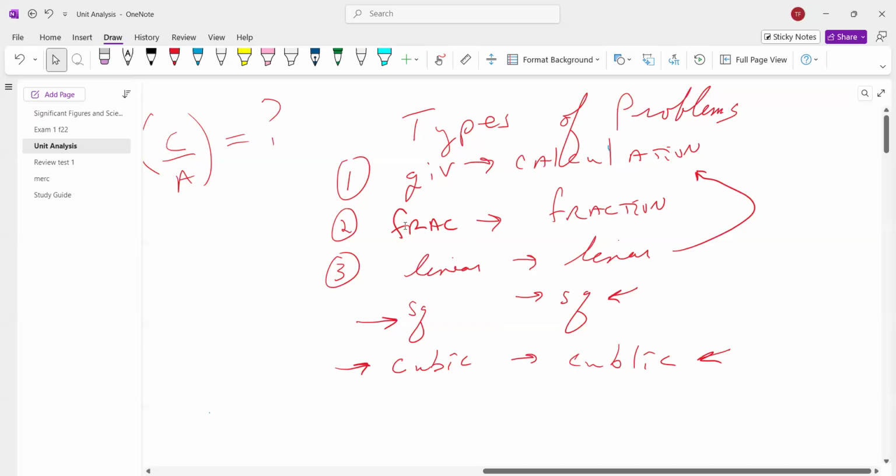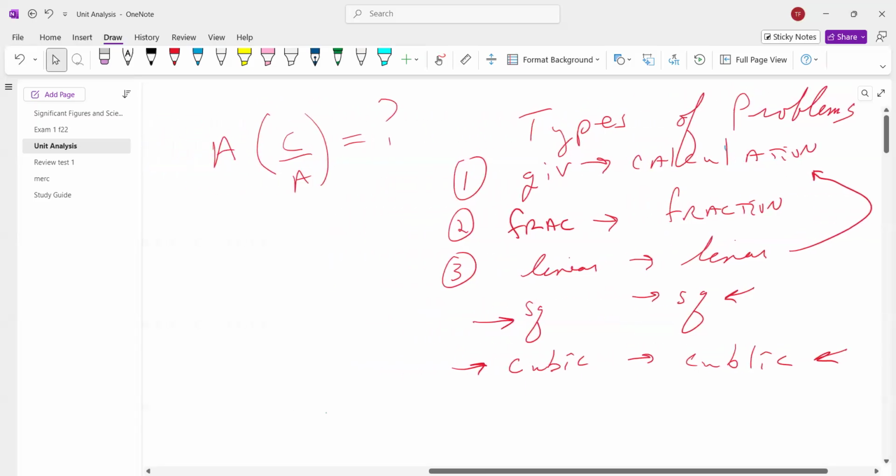Okay, now, a lot of times other instructors will label this unit as unit analysis. And what they mean by that is they treat the unit, like pounds, grams, whatever, as an unknown. For example, if you multiply A times C over A, what's the answer?